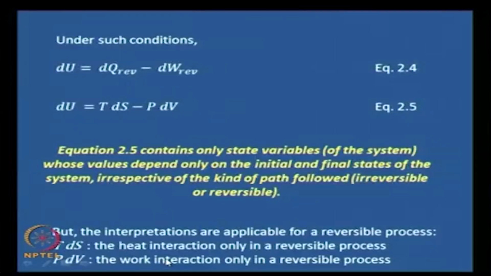TdS is a heat interaction only in a reversible process, and PdV is the work interaction only in a reversible process, whereas this equation 2.5, dU equals TdS minus PdV, is applicable irrespective of the type of process that the system undergoes.